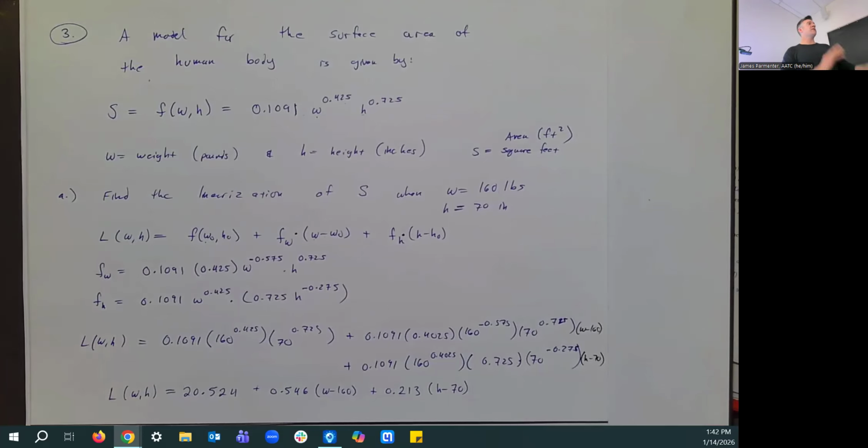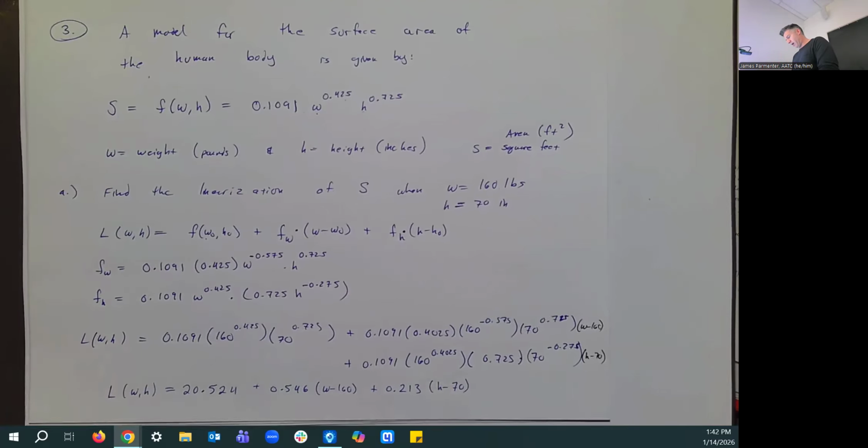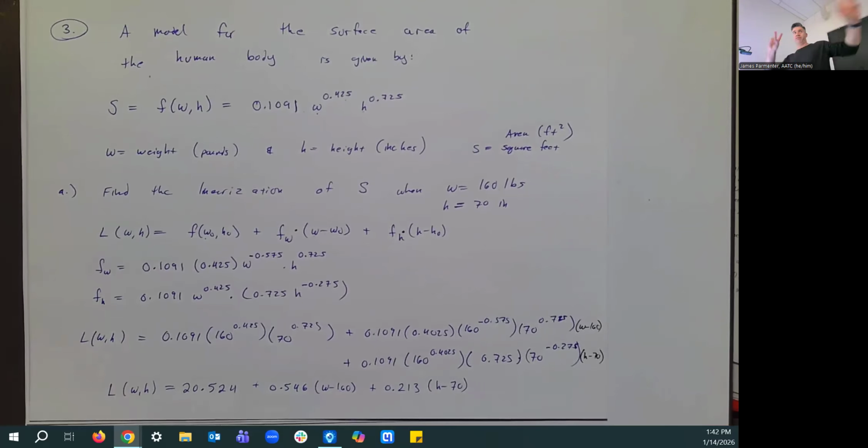So interestingly, I think maybe if you plug in 160 and 70, these both are zero, and a regular, normal, I don't know what kind of people they use to gather this data, but an average person weighing 160 pounds and having a height of 70 inches would have about 20 square feet of surface area.